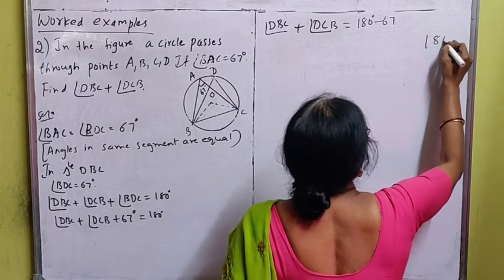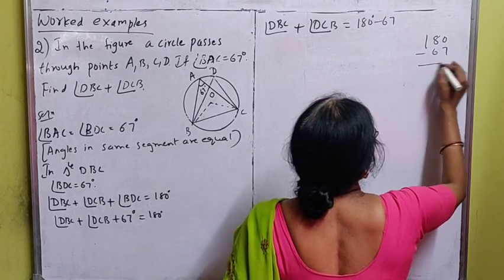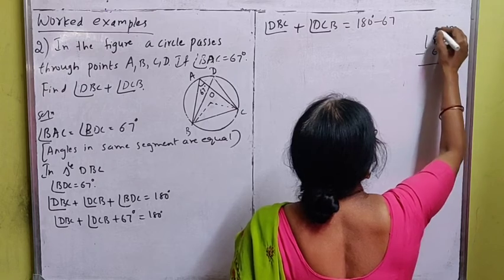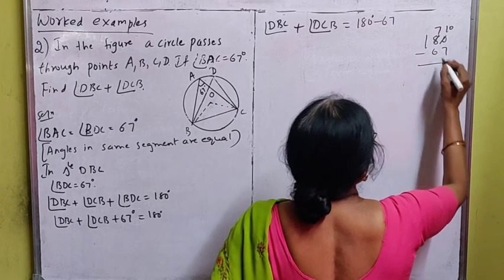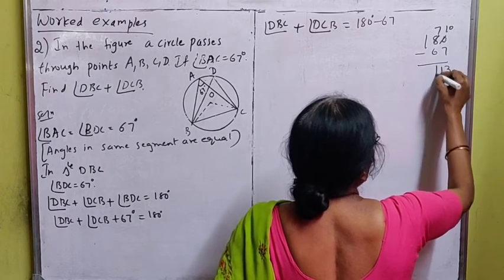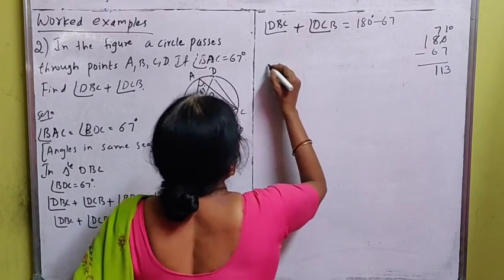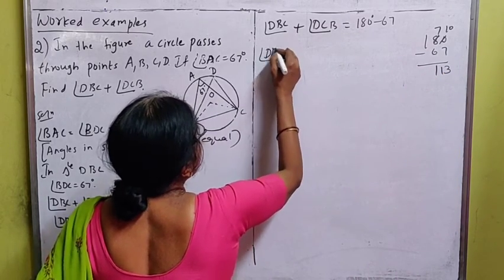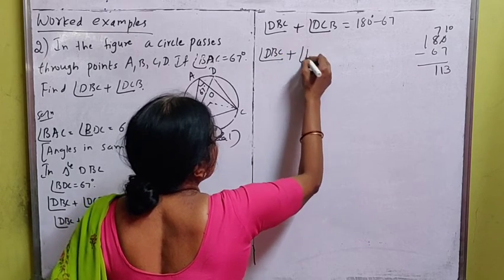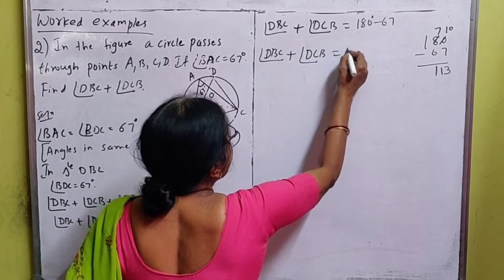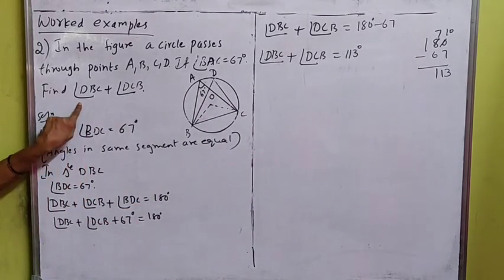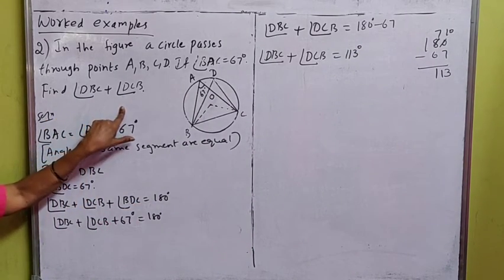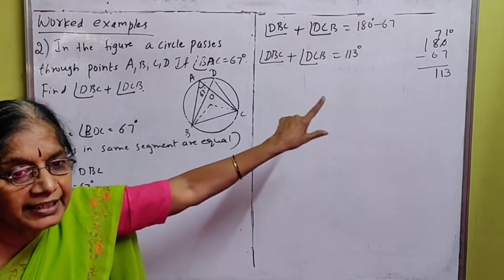Let us subtract 180 minus 67. 10, this will become 7. 10 minus 7 is 3. 7 minus 6 is 1. So how much did you get? Angle DBC plus angle DCB is equal to 113 degree.